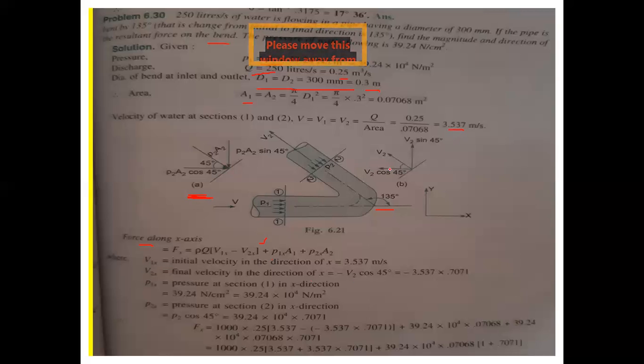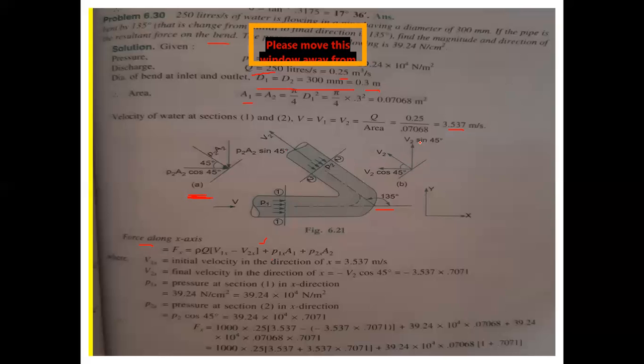It is making an angle of 45 with the x-axis and y-axis. This is V2, the velocity going upwards, so we construct the velocity towards the upward direction.